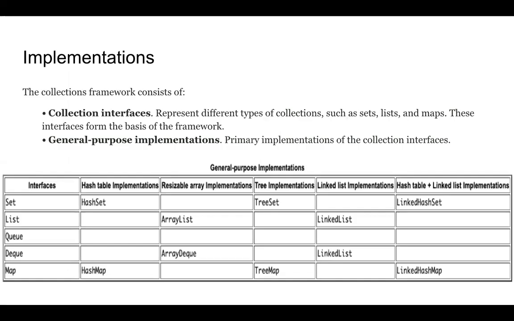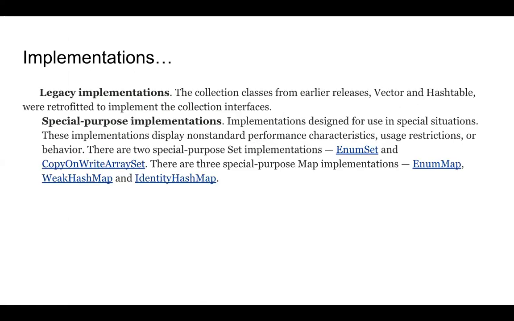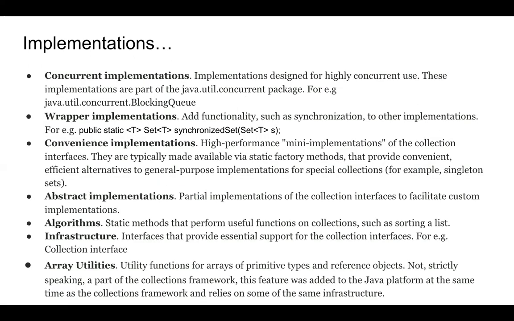Different implementations. Most Java classes use these general purpose implementations. But again, if your application has some specific needs, there are many special purpose, convenience, and utility methods available. Utilities also have algorithms implemented in them, like searching and contains, so that you don't have to write your own.